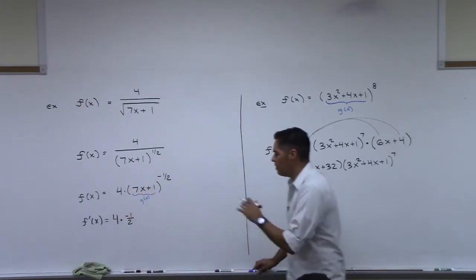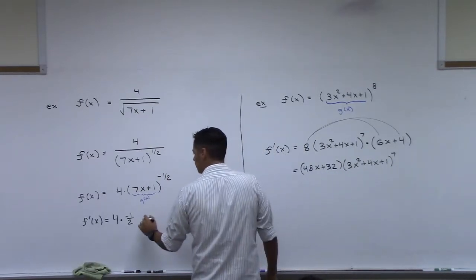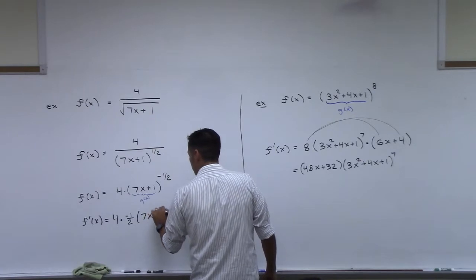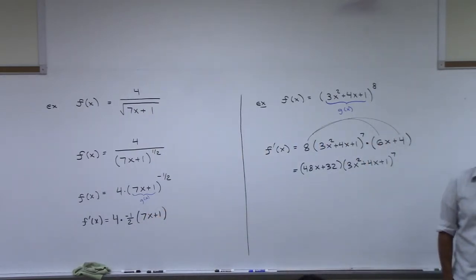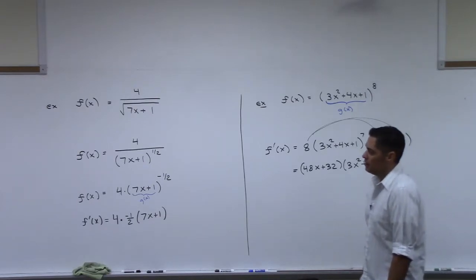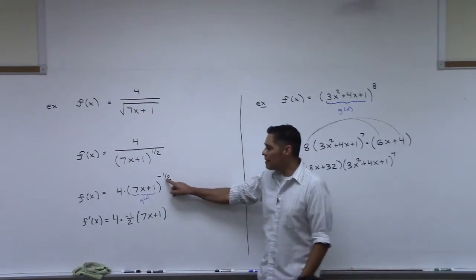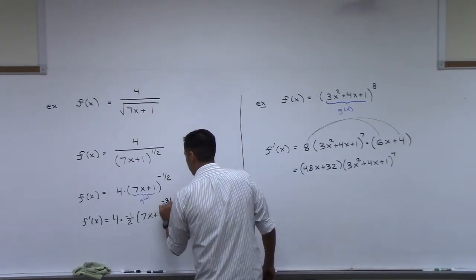You could put a decimal, but I'm going to stick with a fraction. So -1/2 comes out, and then what do I put? Everything stays the same, 7x plus 1. Now, to what power? -3/2, or -1.5, because you're subtracting 1 from this. So that becomes -3/2.